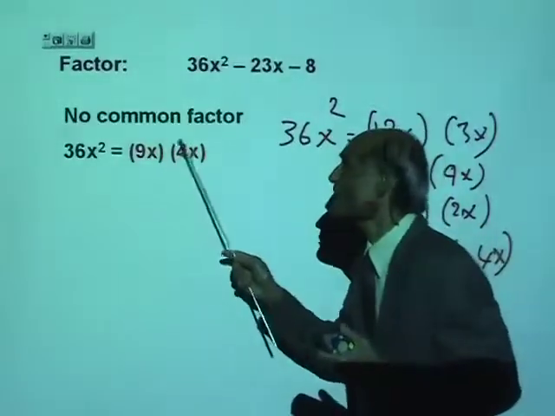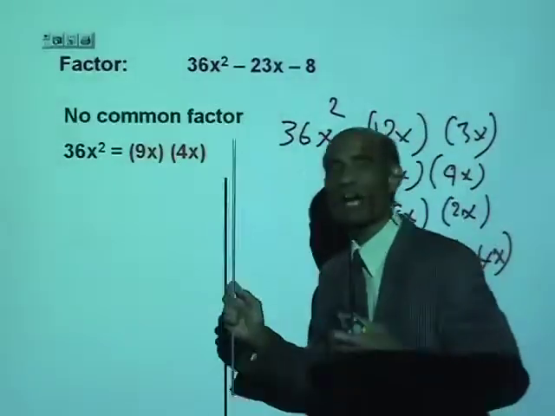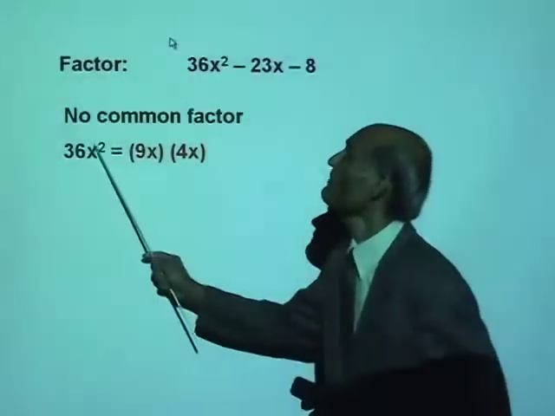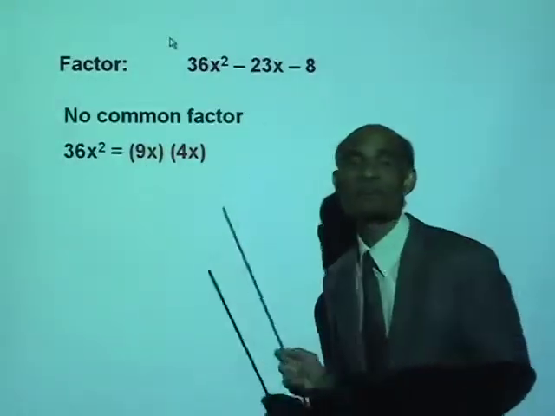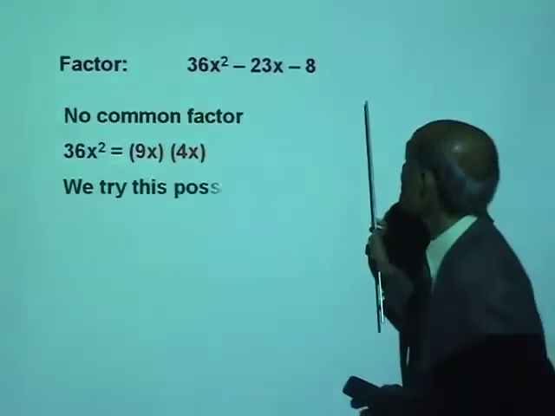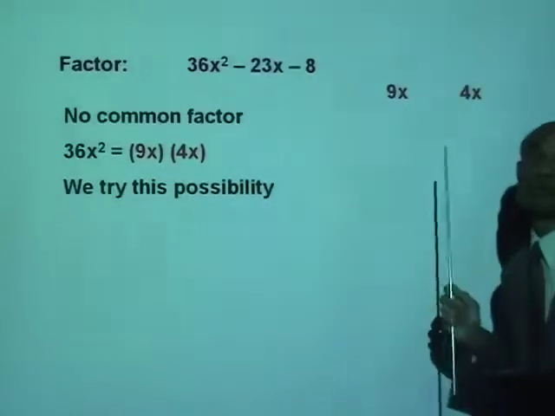You see, 9x and 4x seems to be more reasonable. So we start by looking and picking that. Alright, so we factored 36x squared as 9x times 4x. Now what do you do with these factors? Write them side by side like this, 9x, 4x.